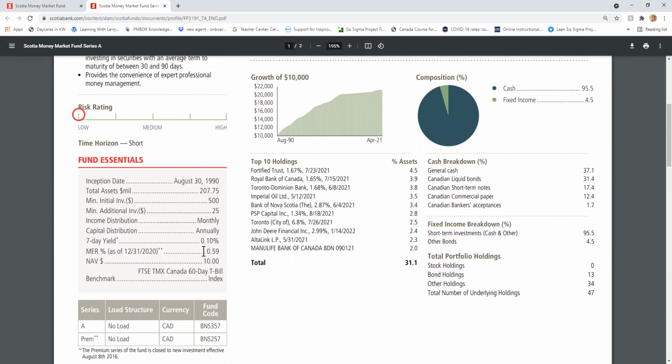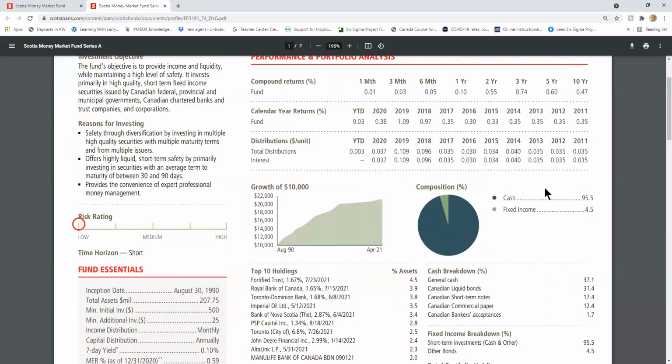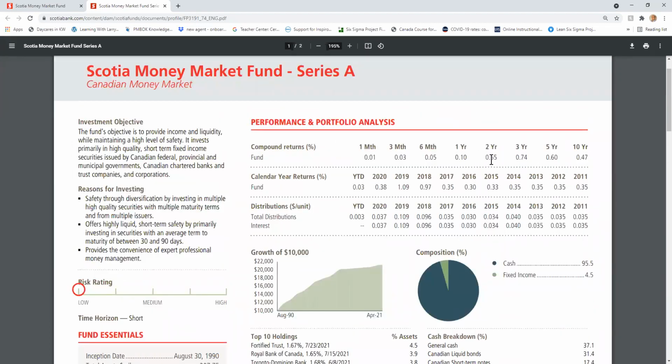So MER is your management expense ratio. Every mutual fund has an MER. The MER is 0.59 for this one, right? That means you're paying 59 cents per year, annually, per $100 of your investment. So actually this return here already has the MER subtracted from it.